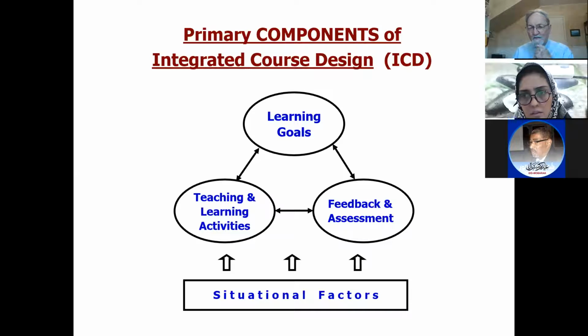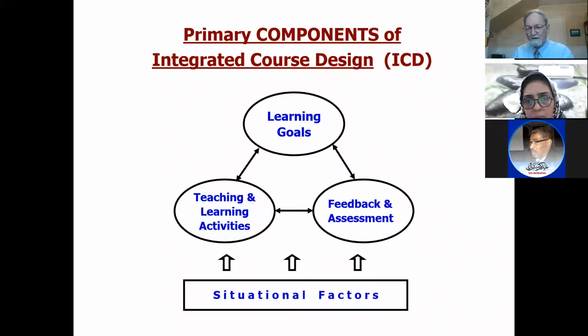then when I go to my feedback and assessment, I've got a problem. Do I include questions about critical thinking on my assessment activities, my exams? If I do, then my assessment will be connected to the learning goals, but it will not be connected to the learning activities because I didn't give them any practice in doing that. So that arrow that connects assessment with learning activities will be broken.